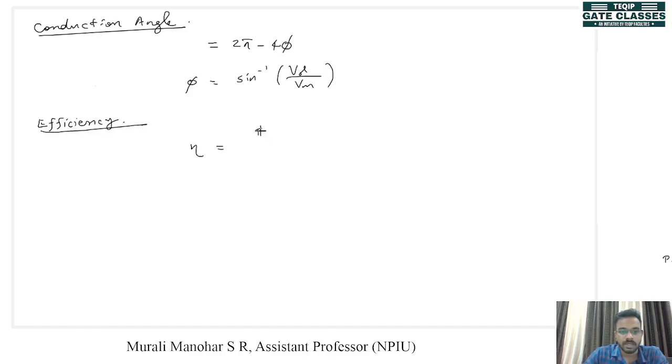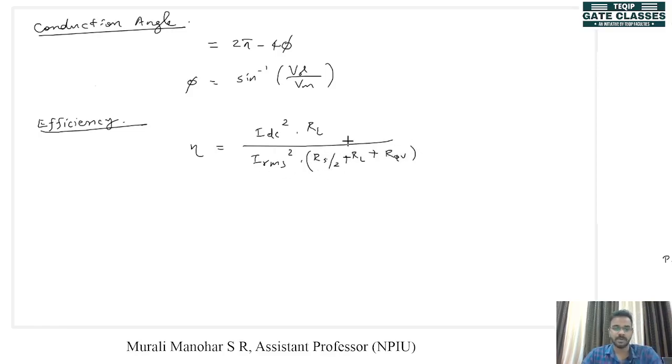Eta is given by IDC square into RL, which is the output power, divided by IRMS square into RS by 2 plus RL plus RAV. This is the input AC power.